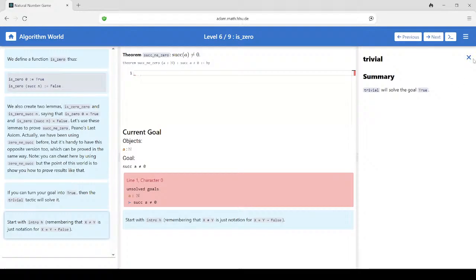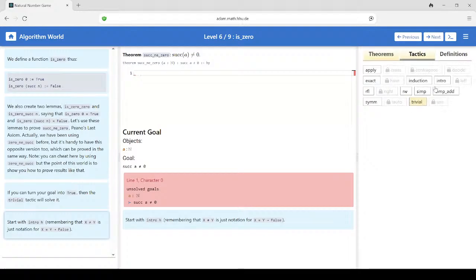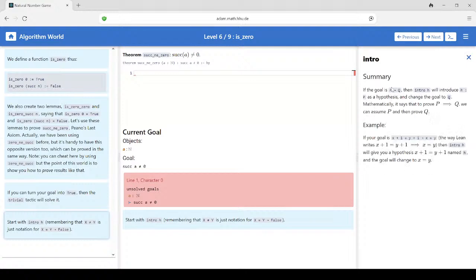So intro, what is that? What does that do again? If the goal is that P implies Q, then intro H will introduce H, the hypothesis P, as a hypothesis, and change the goal to Q. Okay. Sure. Yeah, okay, I kind of get that.